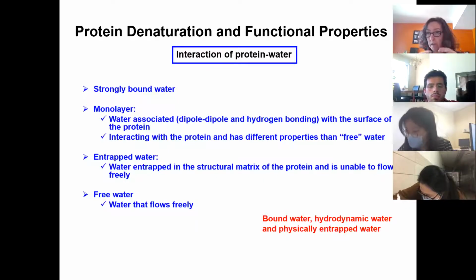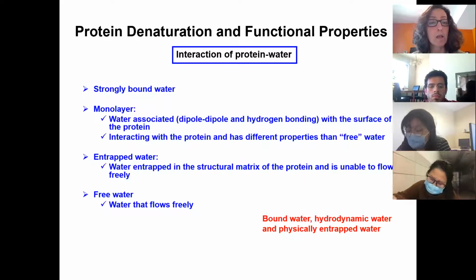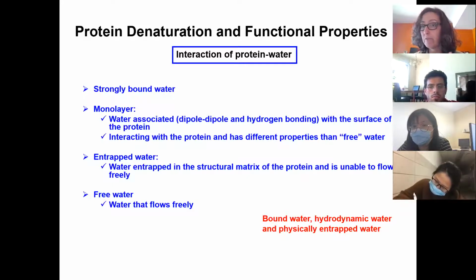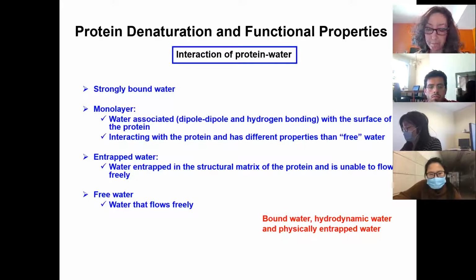You trap the water and it's not flowing freely unless syneresis happens. And then you have the free water, which is hydrodynamic, free-flowing water that is available for reactions, not entrapped and just there.